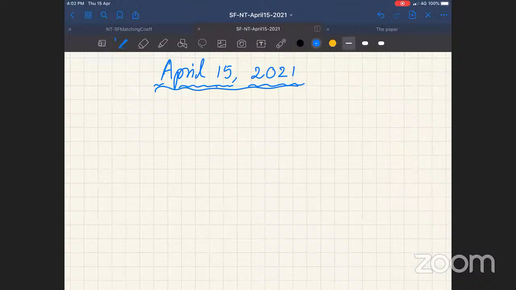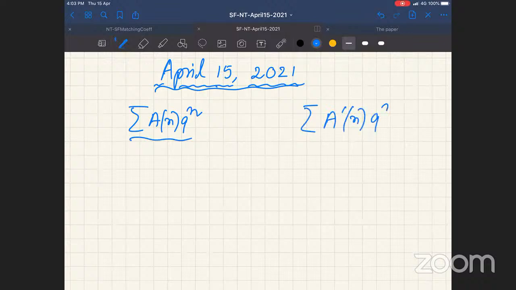We just recently saw that the series expansion of certain Q products have interesting matching coefficients with their inverses. As a definition, suppose this is the series representation of a Q product, and suppose I denote by A prime n q^n the series representation of the inverse of the Q product.